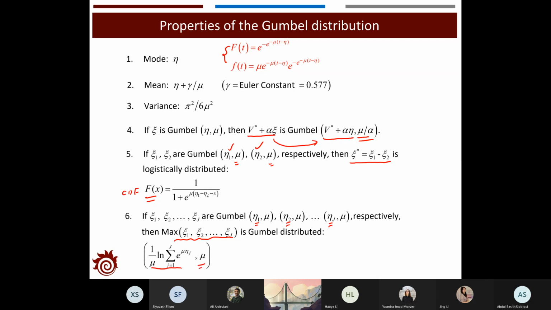The eta becomes 1 divided by mu times ln of the summation of exponential mu times eta, and the second parameter is still mu. Those are the properties of the Gumbel distribution. Next, I'm going to show you how to use these properties to derive the probability for us to choose mode i.